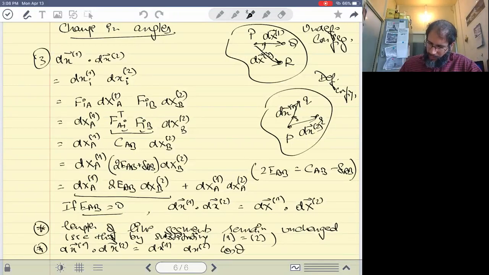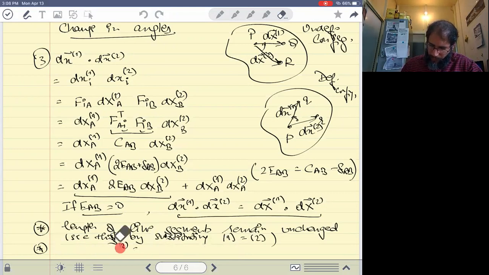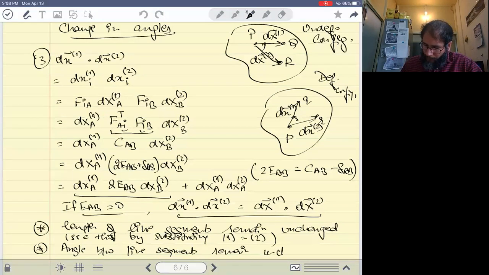Since they are equal, so using this condition, the one that we have written, let me write that in words. The angles between line segments, they also remain unchanged.